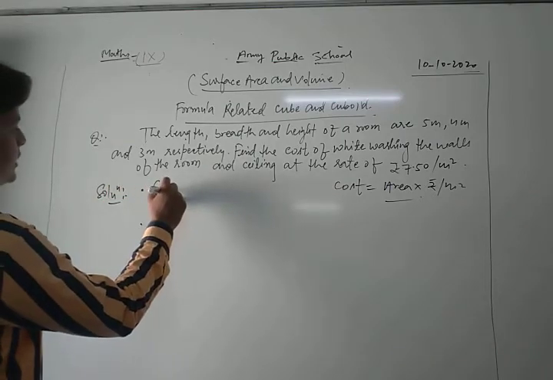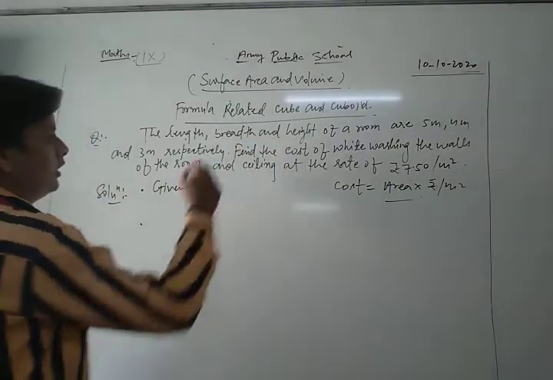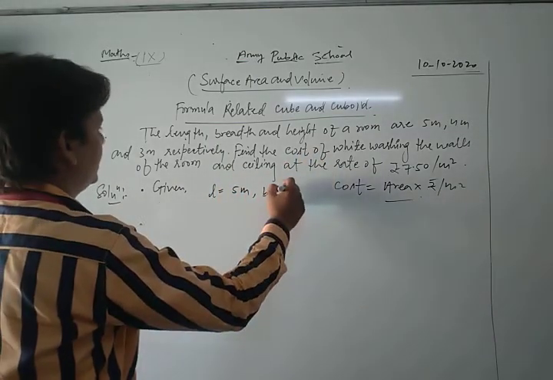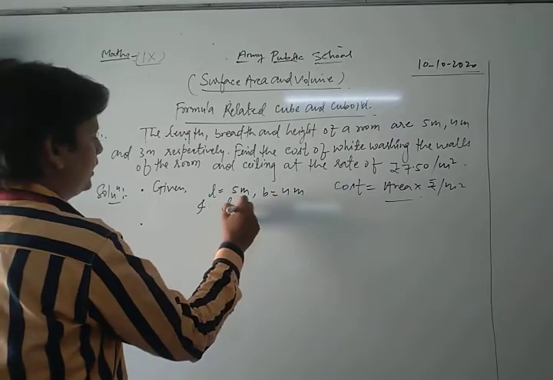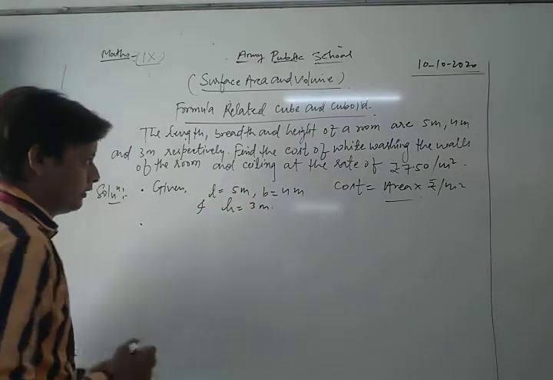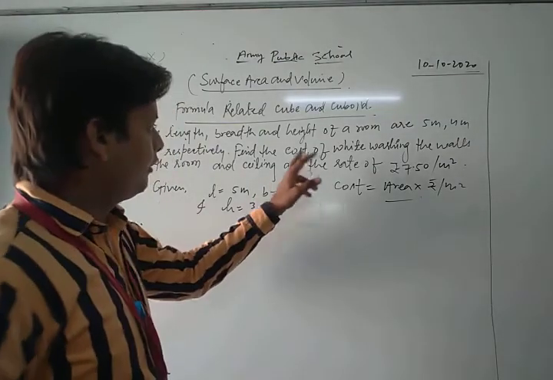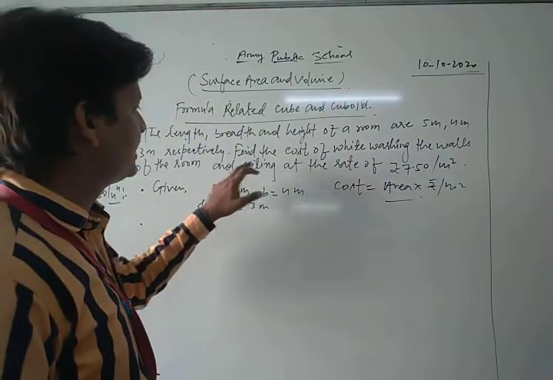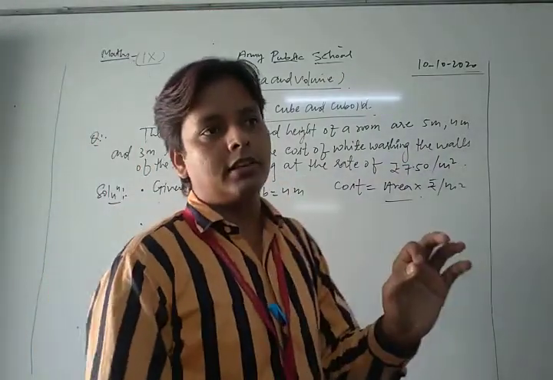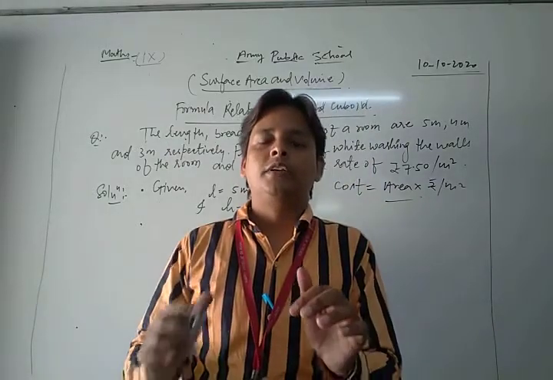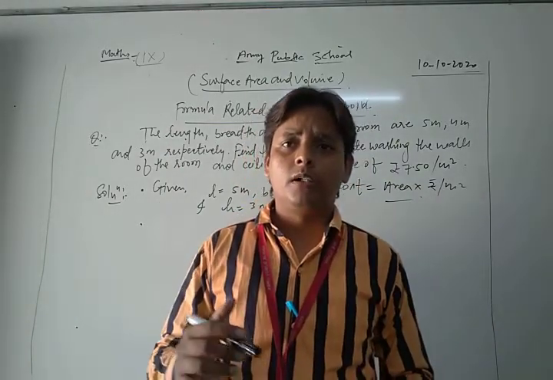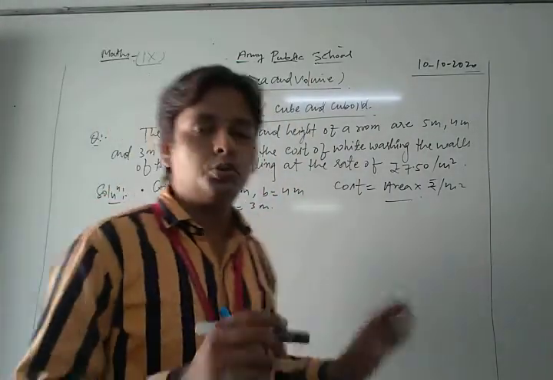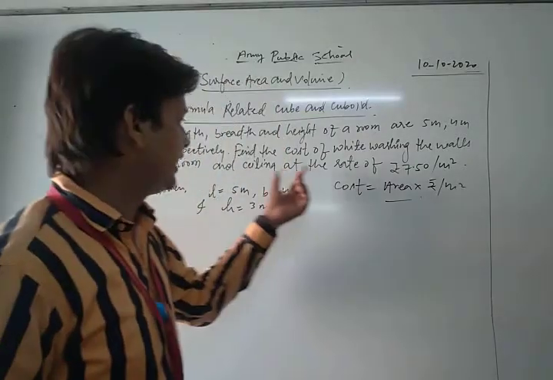First of all we write what is given. Length is 5 meter, breadth is 4 meter and height is 3 meter respectively. Here we find the cost of whitewashing the walls of the room and ceiling. You know that in the previous class we discussed the formula for the area of 4 walls: 2 into (length plus breadth) into height, plus the area of the ceiling.